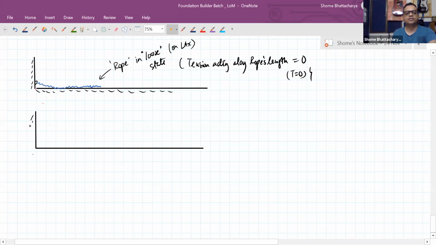So it goes from its state of being lax or loose to a state of being tightened, or what in mechanics we call a taut state, T-A-U-T, taut state. So this is some kind of a hook.